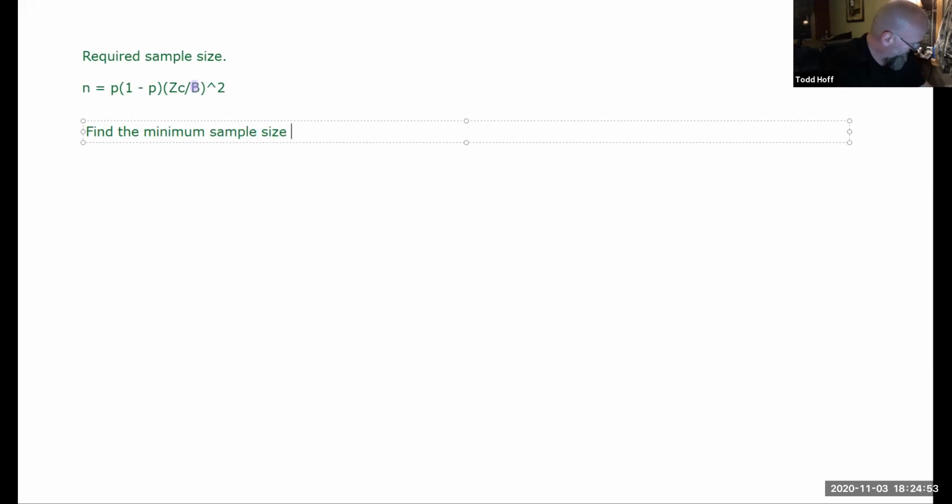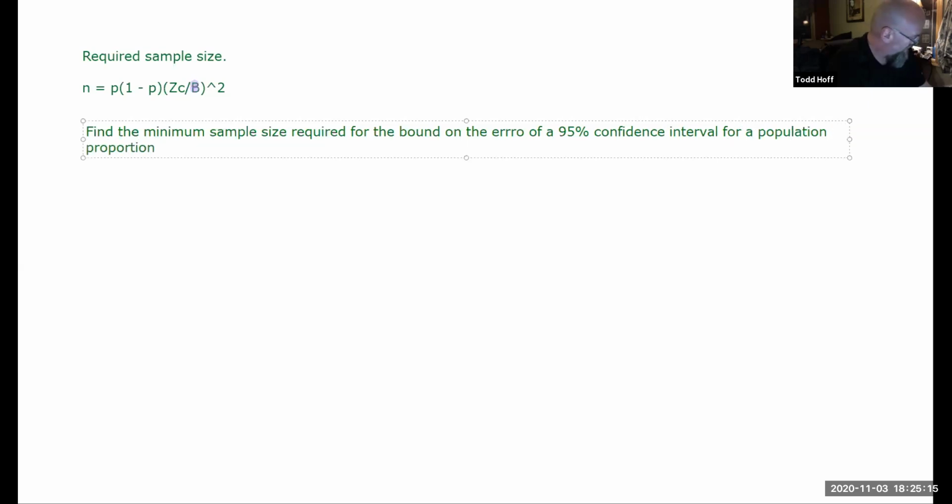Find the minimum sample size required for the bound on the error of a 95% confidence interval for a population proportion to be within 0.03.